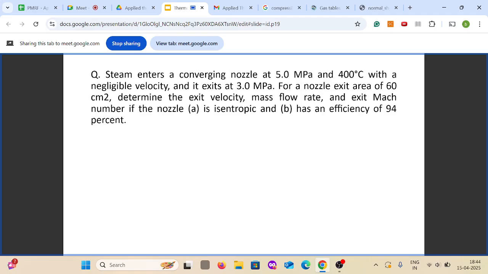The inlet velocity is neglected. For a nozzle exit area of 60 centimeter square, determine the exit velocity, mass flow rate, and exit Mach number if the nozzle (a) is isentropic and (b) has an efficiency of 94%.